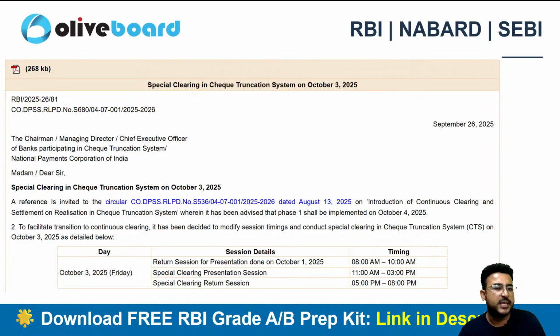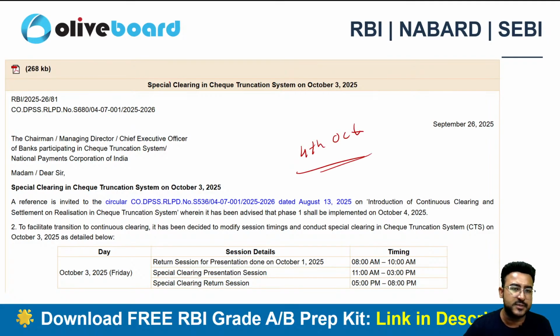So this is a special clearing in the CTS on 3rd of October. We all know that CTS is going to be implemented, right? Continuous processing in CTS is going to be implemented from 4th of October 2025, right? The first batch, the phase 1 of the continuous cheque truncation system continuous processing is going to be applicable on 4th of October.